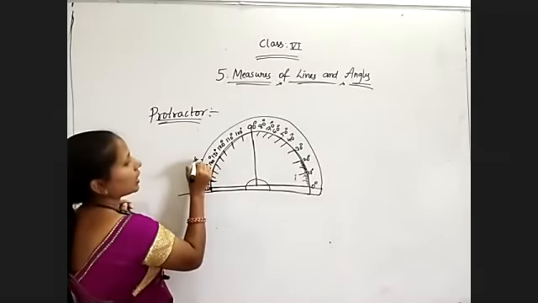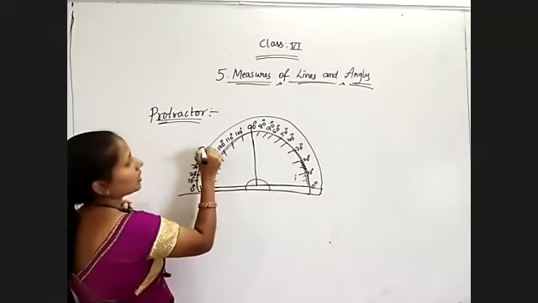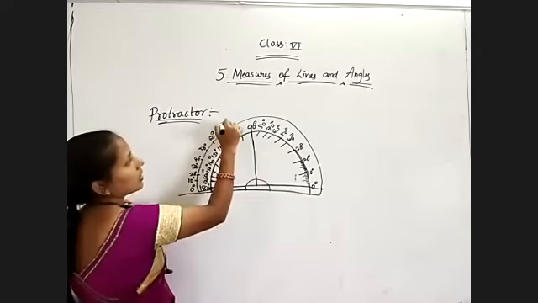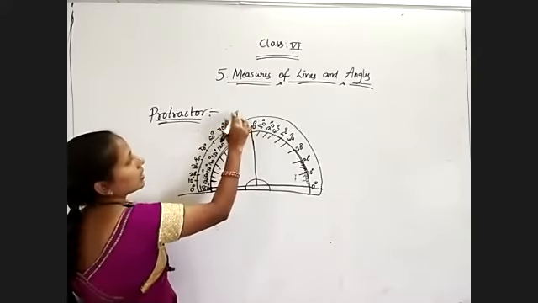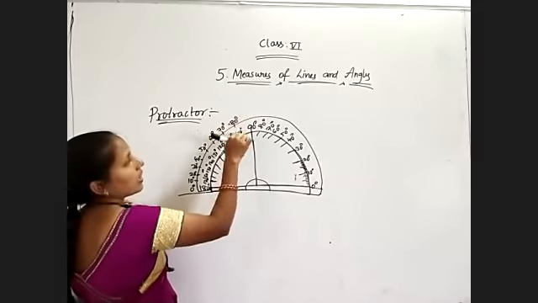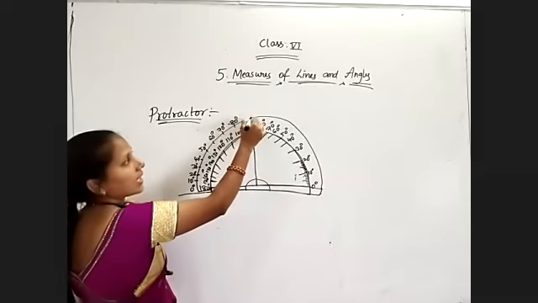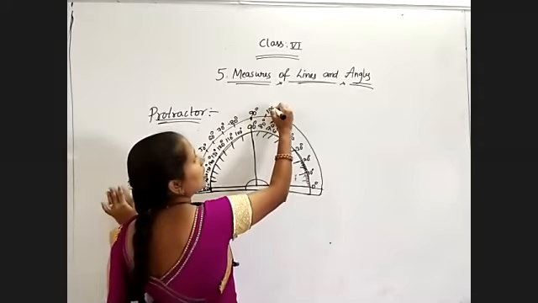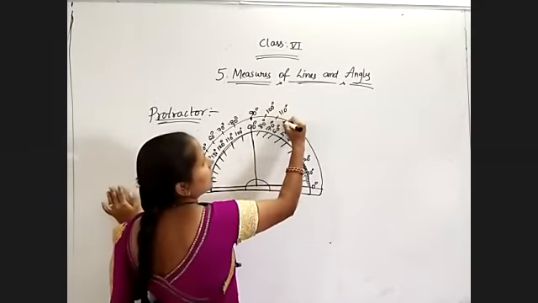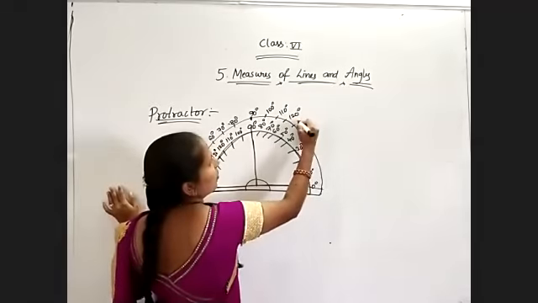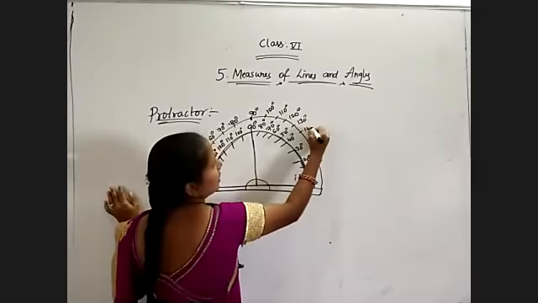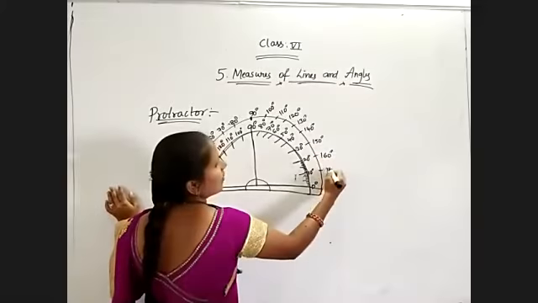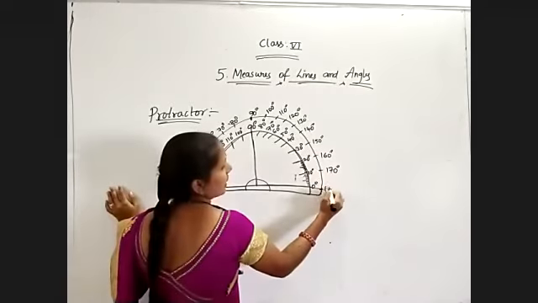30, 40, 50, 60, 70, 80, 100 plus 80 is 180, and here again 90 degrees itself, 100, 110, 120, 130, 140, 150, 160, 170, and here 180.